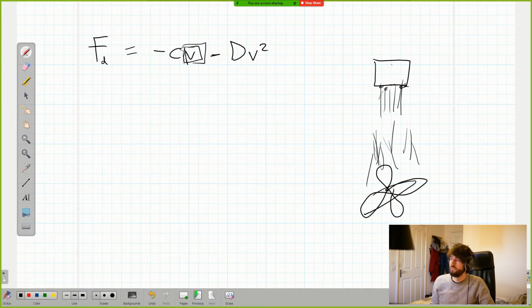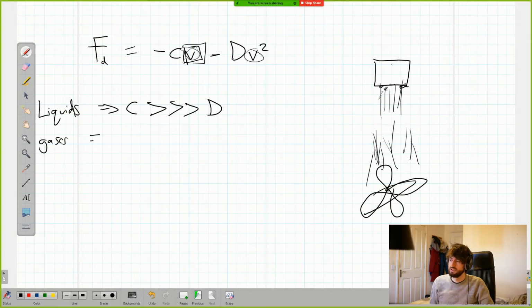And when we're talking about that, we're talking about these quantities. Now, it turns out for liquids, so, you got water, honey, magma, right? C is much greater than D. And for gases, D is much greater than C.